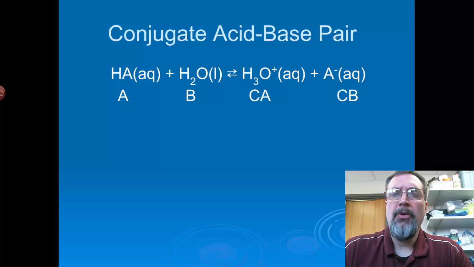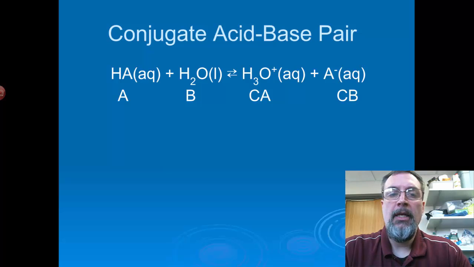When water took the proton, it became something called a conjugate acid. Water doesn't like to have an extra H+. So it's willing to give it up again, to go back to the left. And if H3O+ gives up a proton, it becomes an acid. And if A- takes that proton, then it becomes a base.